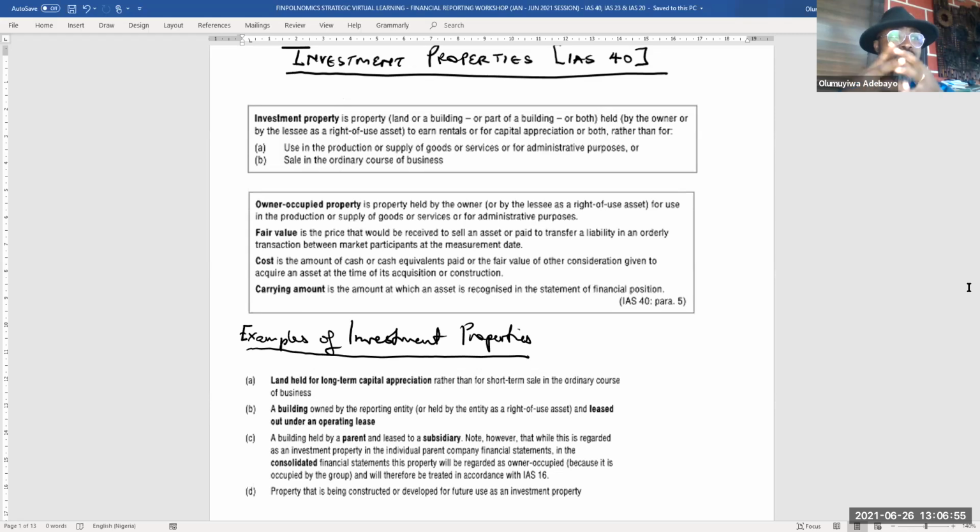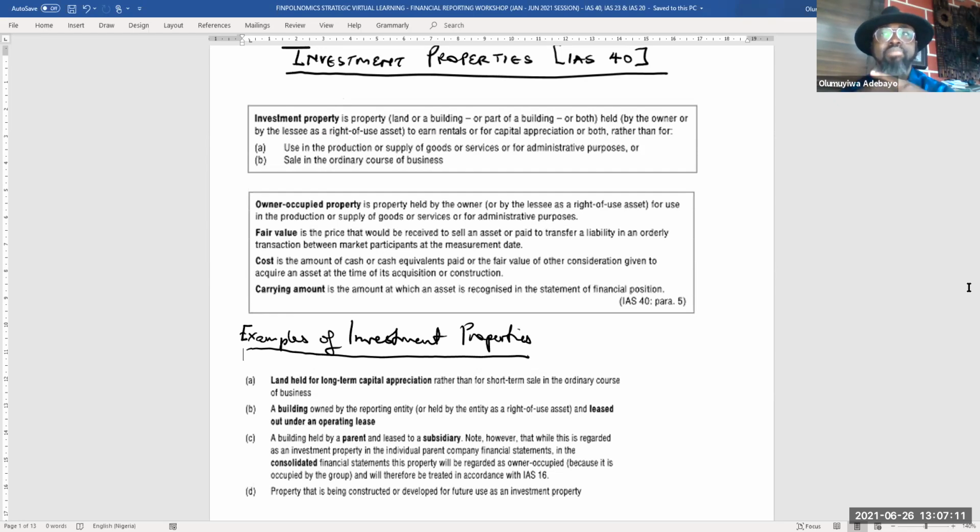What the standard presupposes is that the first thing that comes to the mind of any individual is that when you develop a property, you expect to recover more value from it than how much you are spending.